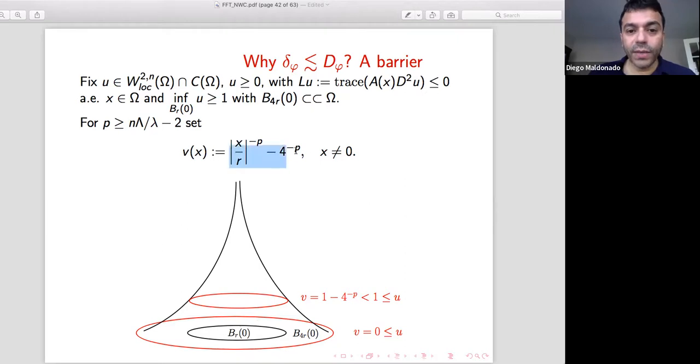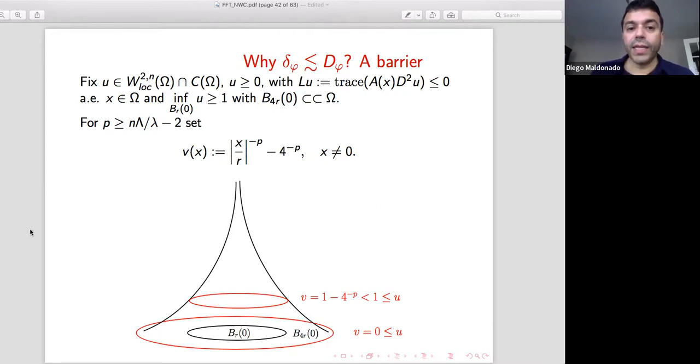Well, if I put 4r here, right, this is 0, right? And the u is non-negative. So the v is underneath the u on the boundary of this annulus here.